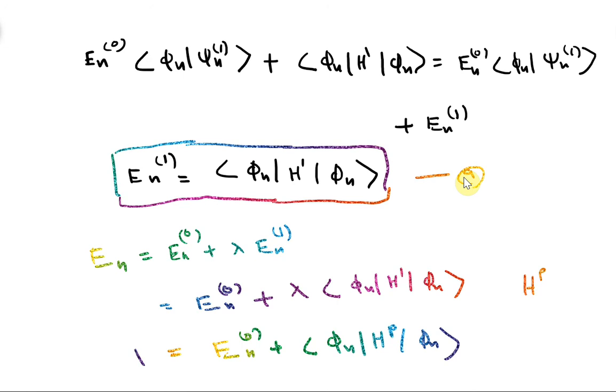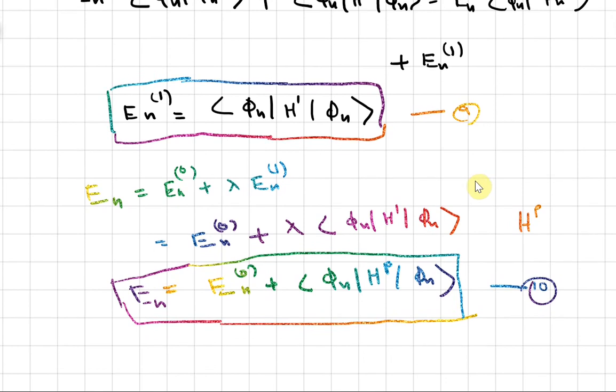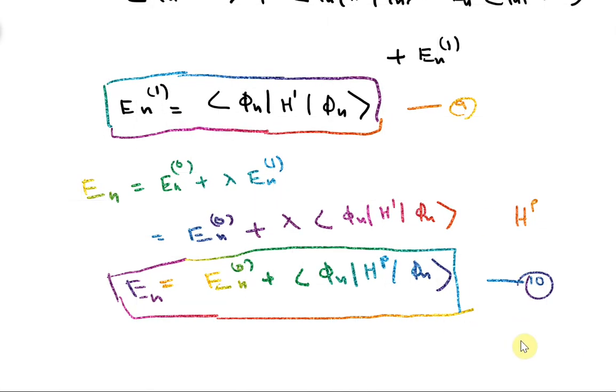That is the complete energy value after first order correction. I put that number 10. Now what we have to do is to find out the first order correction in the wave function. So that we'll do in the next class.